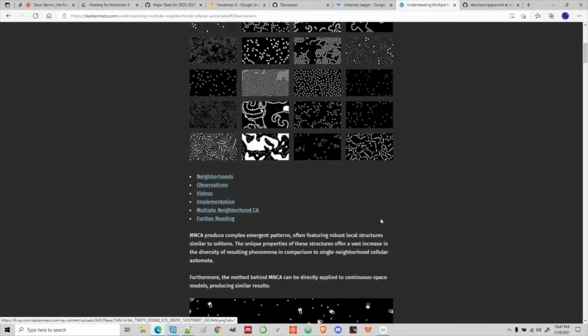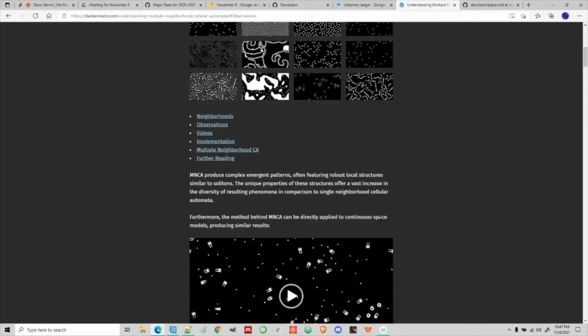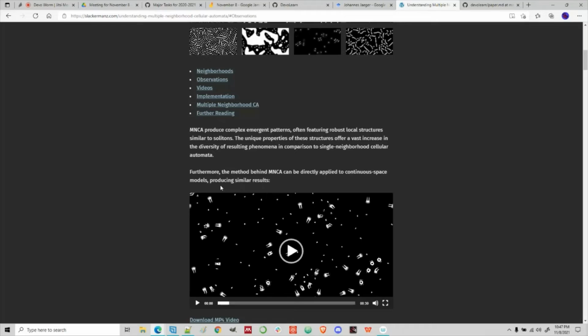So these types of models produce complex emergent patterns, often featuring robust local structures similar to solitons. Solitons are things from physics that people often use to demonstrate complex systems. The unique properties of these structures offer a vast increase in the diversity of resulting phenomena in comparison to single neighborhood cellular automata.